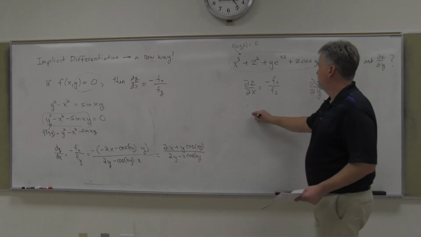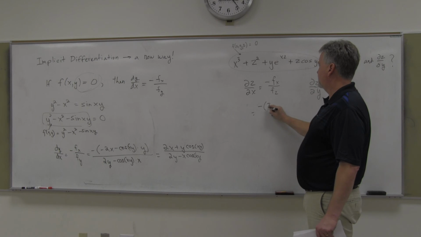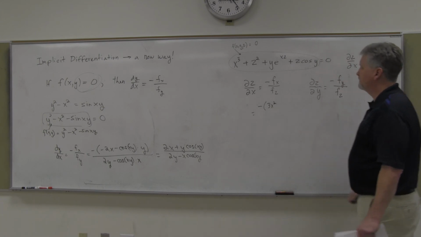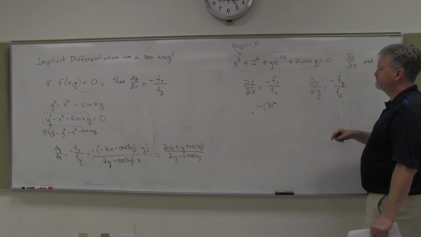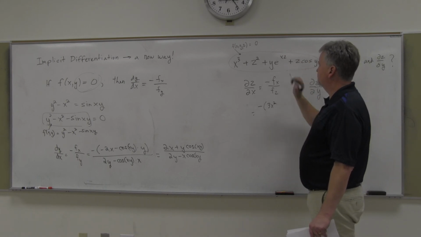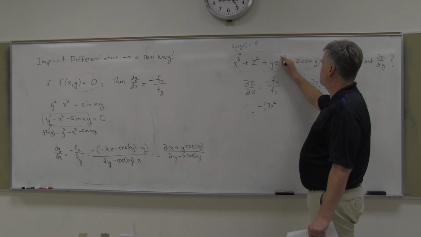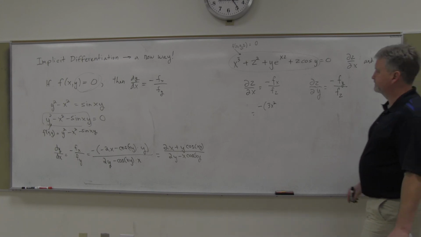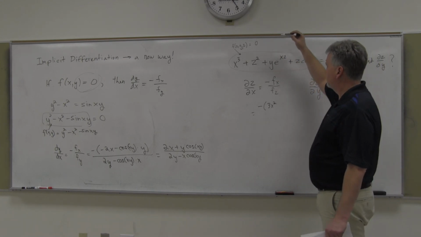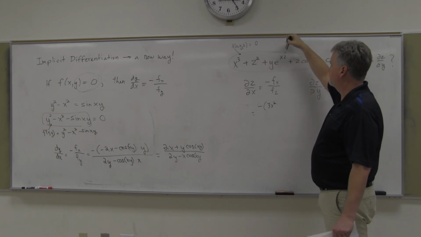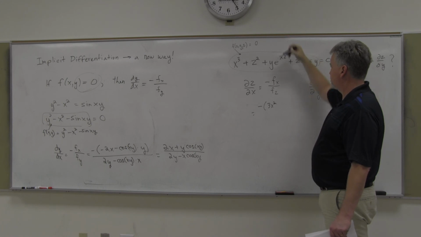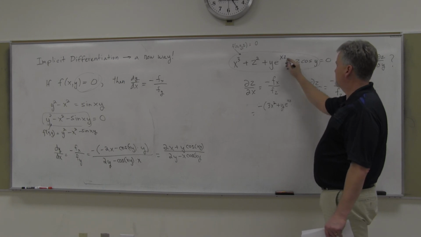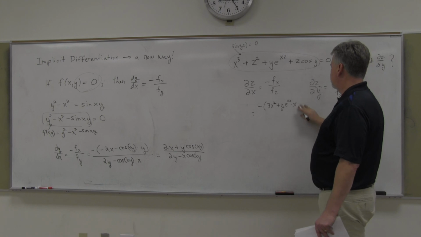Which would be very simple. Go ahead and do it. So it would be negative of 3x squared, x is the fixed one, plus, so z and y are fixed, x is the variable, so this would be plus y e to the xz times z, plus then all that's 0.